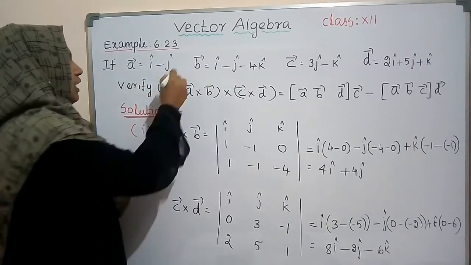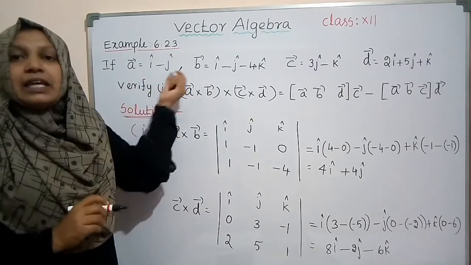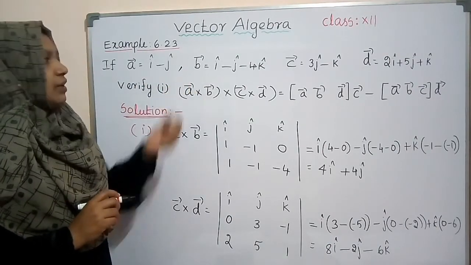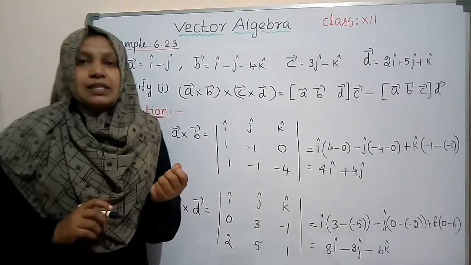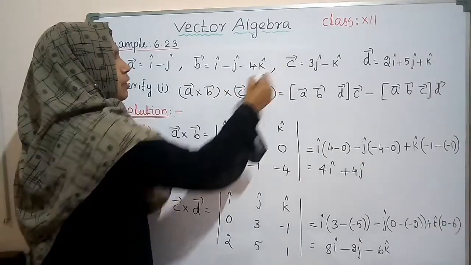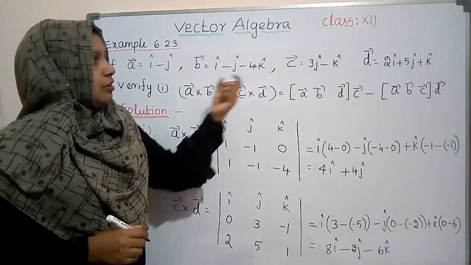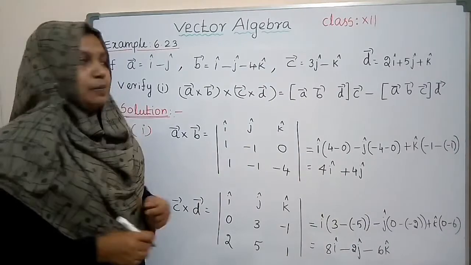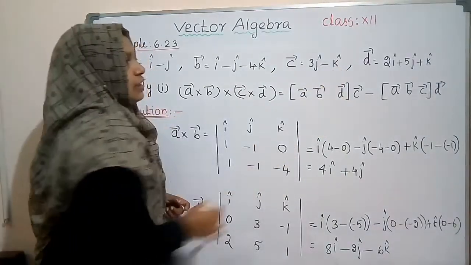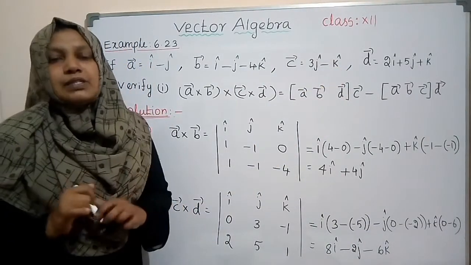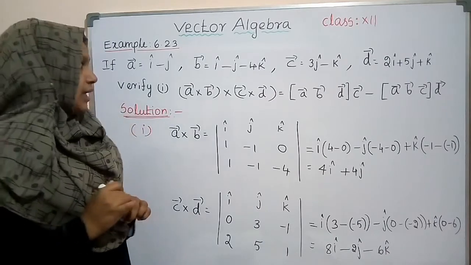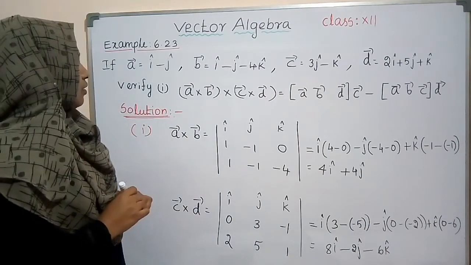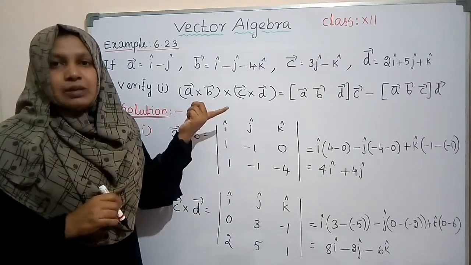See this example 6.23. Here they are given a vector as i cap minus j cap, b vector as i cap minus j cap minus 4k cap, c vector as 3j cap minus k cap, and finally d vector as 2i cap plus 5j cap plus k cap. Using this, we have to verify two subdivisions.